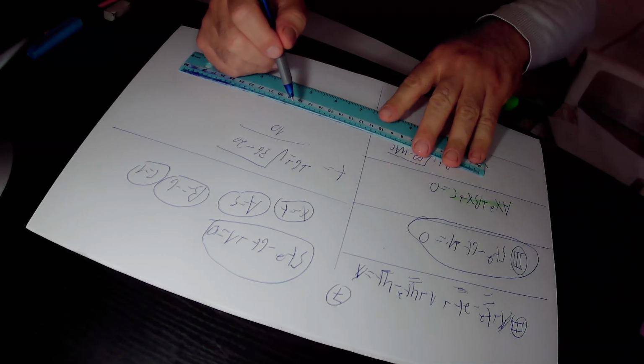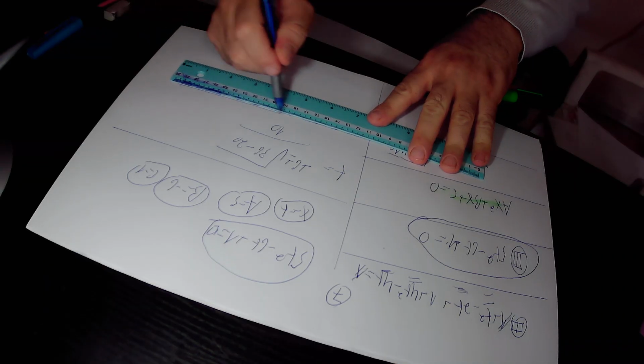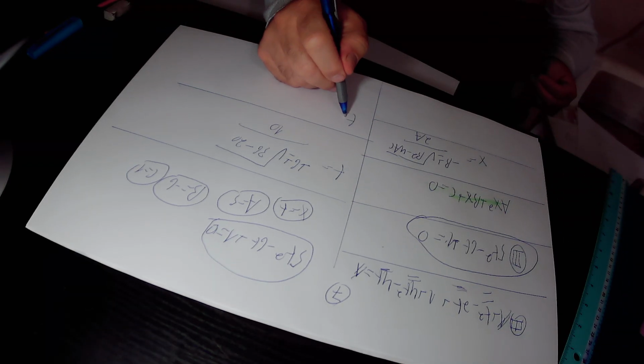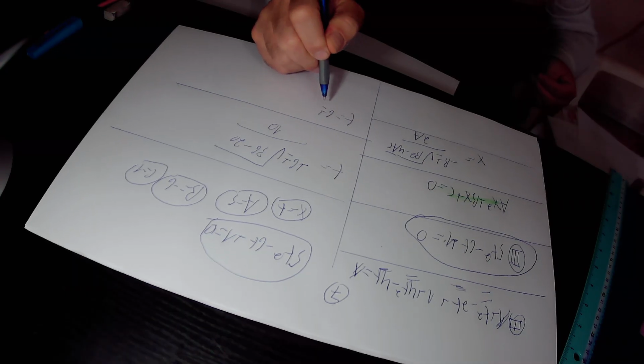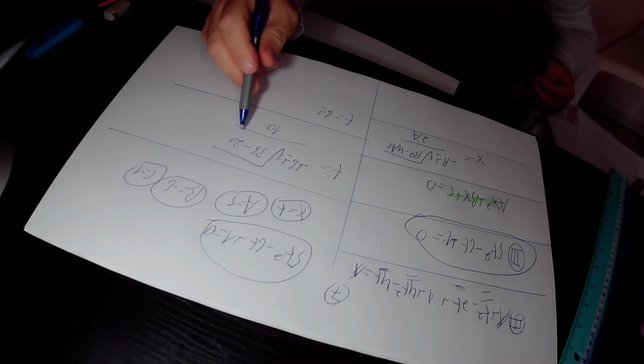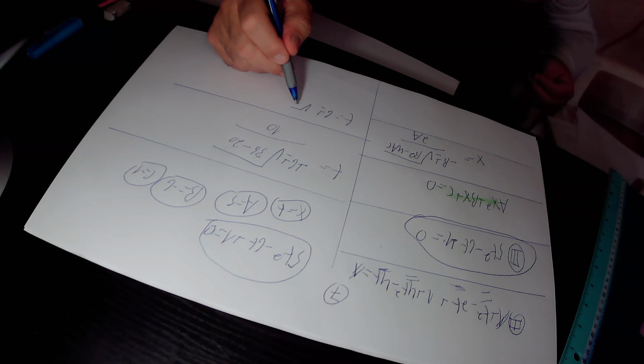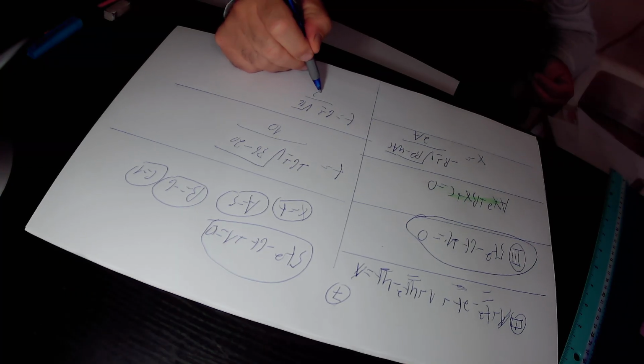So I found out that t equals to 6 plus minus 36 minus 20 is 16. The root value of 16 is 4, divided by 2.